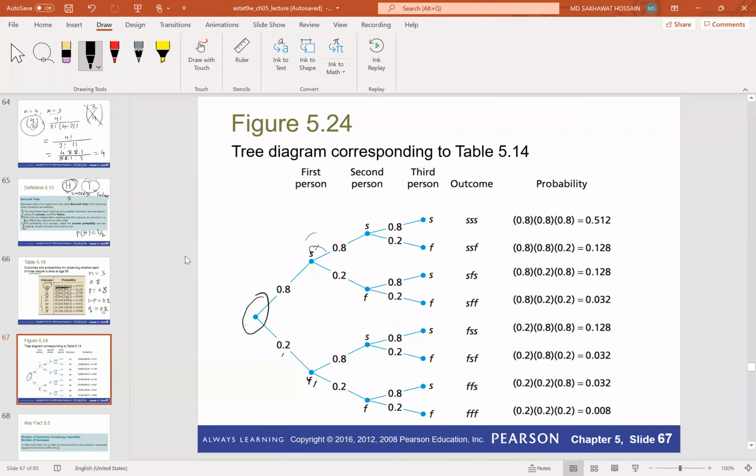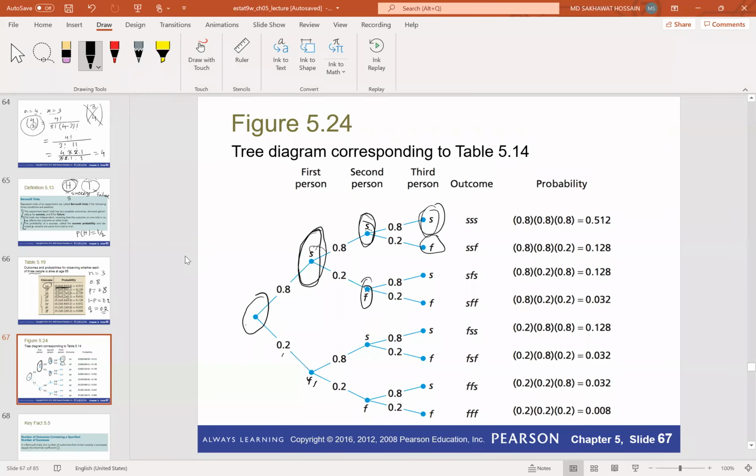Now let's consider the first person is alive. So you already know this one. Now consider the second person. We also have two possibilities, success or failure. So consider success is the outcome. Now consider the third person. It has also two outcomes, success or failure. And similarly for each one.